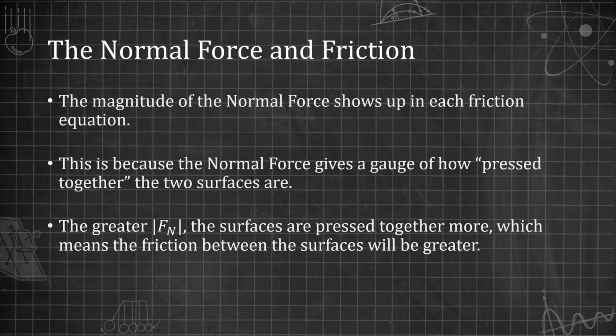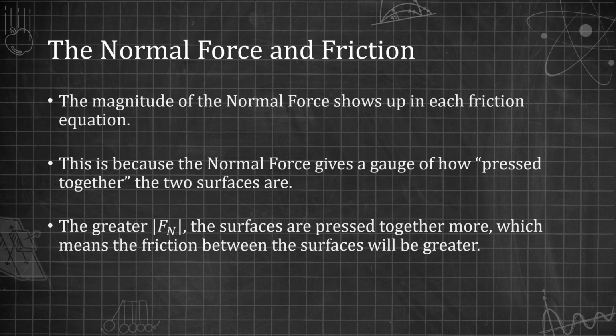So you'll notice here that the normal force shows up in the equation for both static and kinetic friction. And the normal force is a force perpendicular to a surface, whereas the friction force is a force parallel to the surface. So why is it that this is showing up in our equation when they're in different directions? It's because the normal force gives us a gauge of how pressed together the two surfaces are.